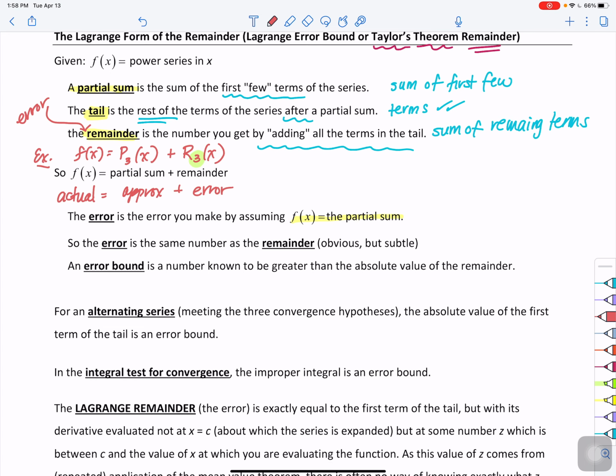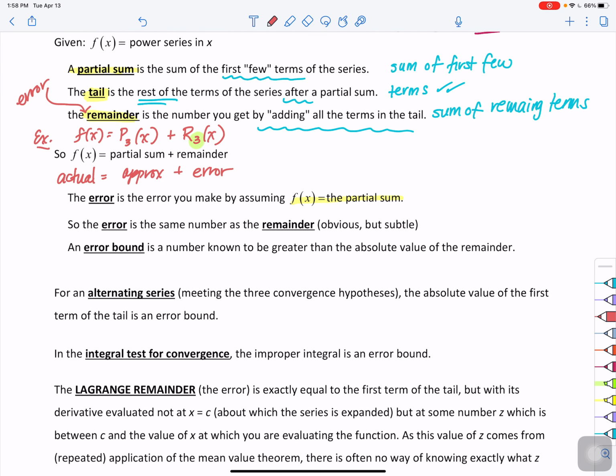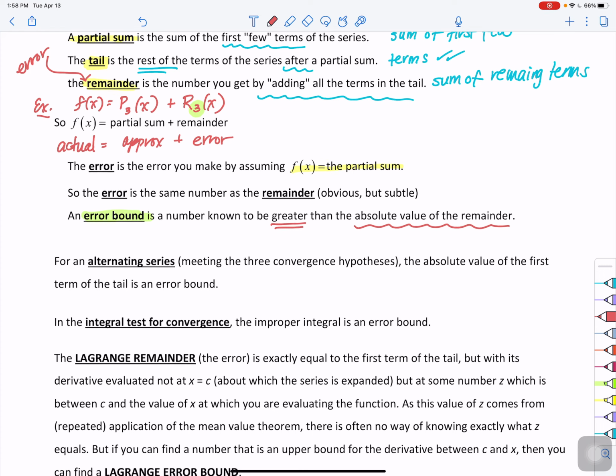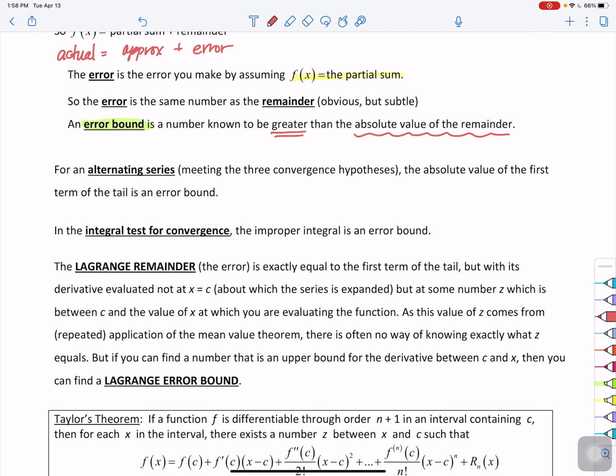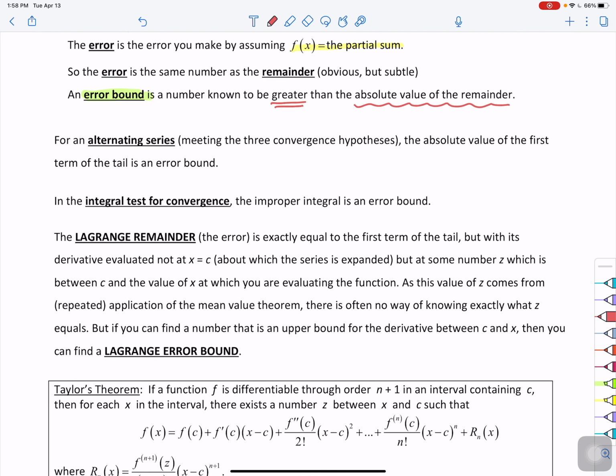But what we want to talk about and address is this error bound. And it is a number known to be greater than the absolute value of the remainder. So we have a boundary on our error. For an alternating series, of course, if you've met the 3 hypotheses, the absolute value of the first term of the tail is the error bound.